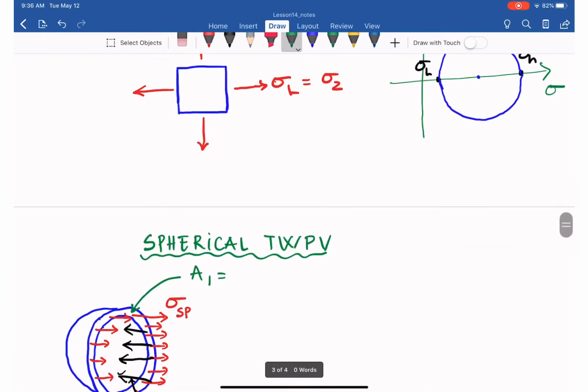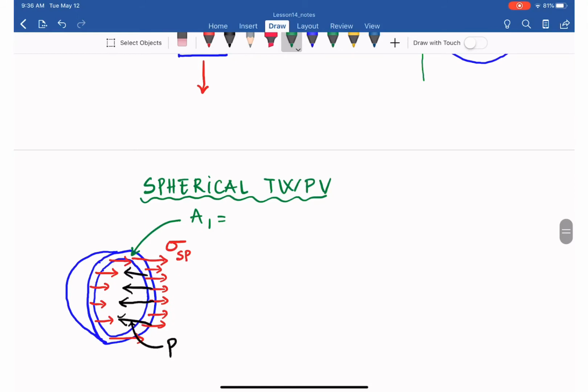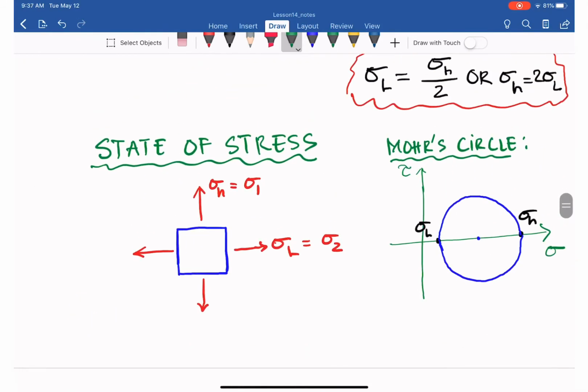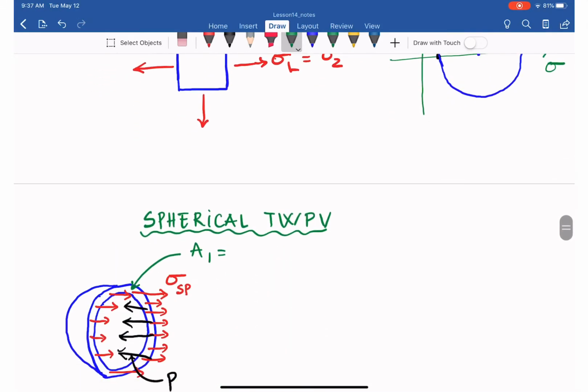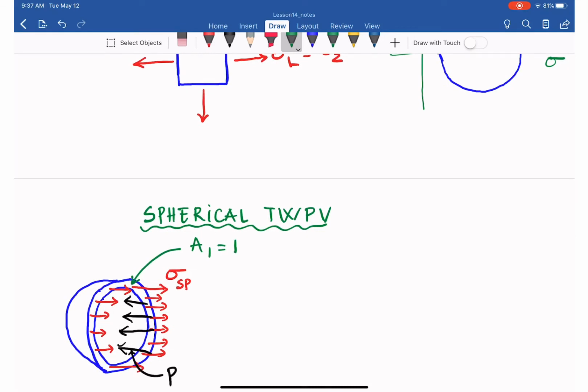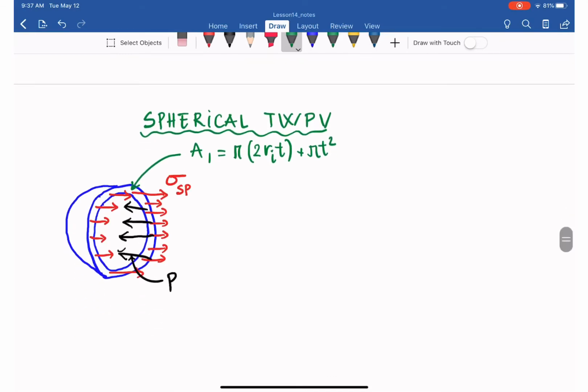So let's write down here that A1 is exactly the same as in that scenario: pi(2 R_i t plus t squared). And similarly, the area for the inner pressure, A2, is equal to pi R_i squared.